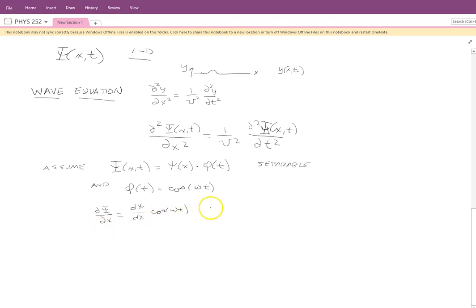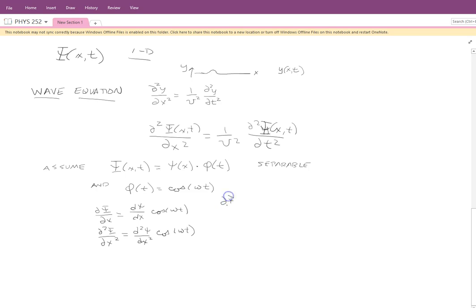Okay, let's take the derivative again. So we take the derivative with respect to x again to get the second partial derivative. So that's just going to give me the second derivative of little psi with respect to x times the cosine of omega t.